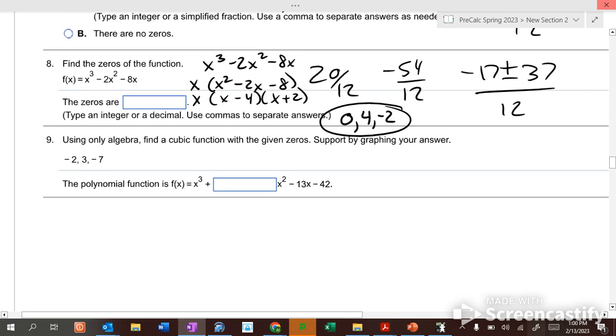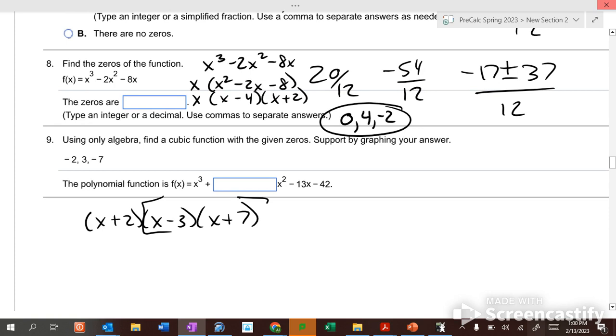Using only algebra with the given zeros, what's the function? Well, it's (x plus 2) times (x minus 3) times (x plus 7). So FOIL this. So it's x squared minus 4x minus 21. Oh, plus 4x minus 21.